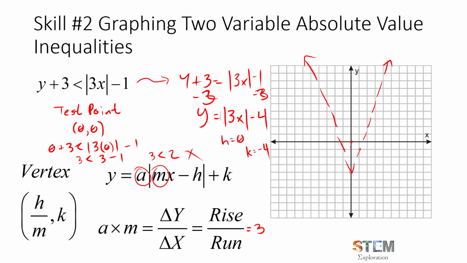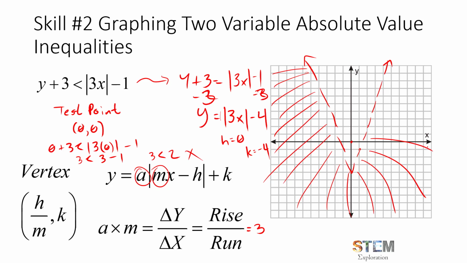So that means that everything outside of the V is a solution. And again, you could test it just for kicks and giggles and see that anything outside of here is a solution, but you will always find that if you just test that one point, as long as it's a point that is distinctly not on the line, it's going to work out and you're going to get the solution that you're looking for.